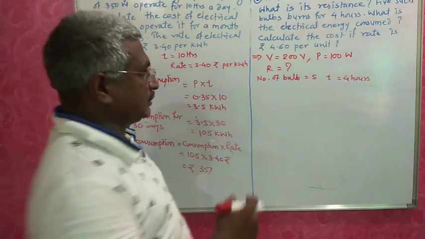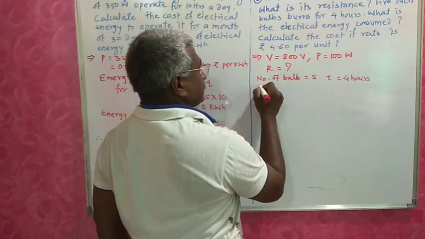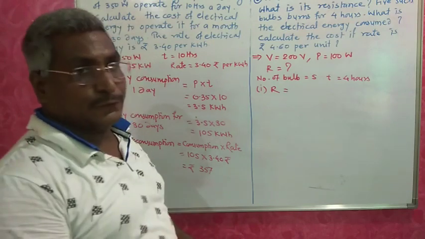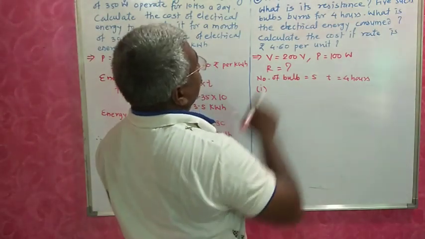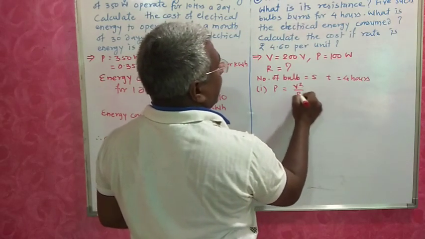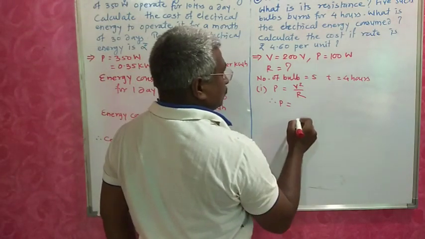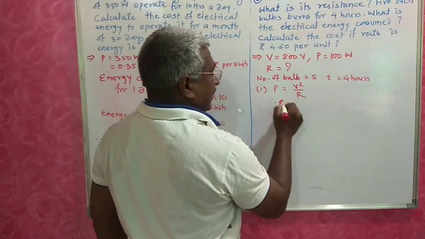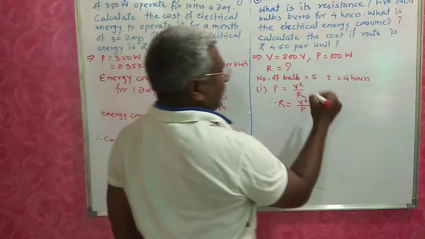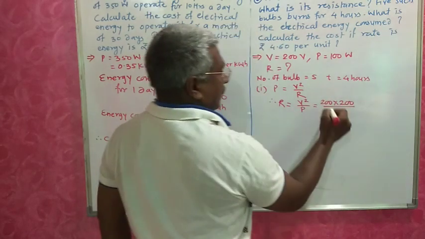So according to the first question, first we have to find the resistance. So what is the formula? P equals V square by R. Therefore, to find the resistance, R equals V square by P. What is V? 200 into 200 by 100.